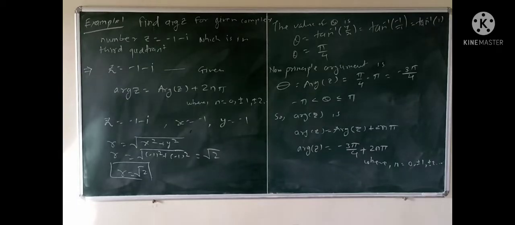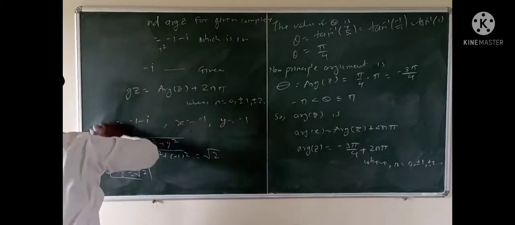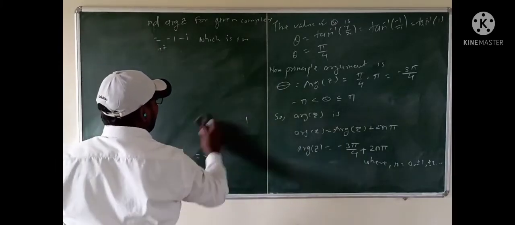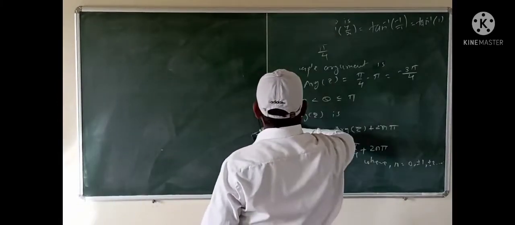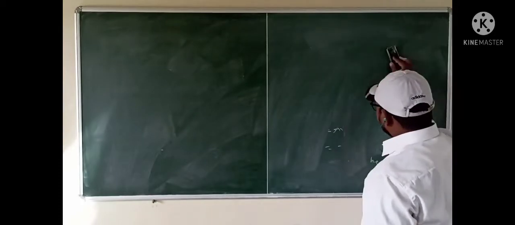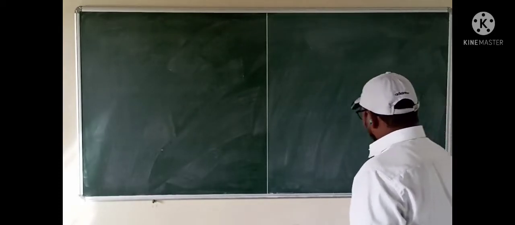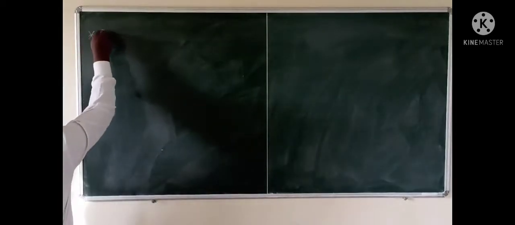So next we will move to the polar form of complex numbers to another step. This is known as Euler's formula. Okay, so what is Euler's formula? How is it represented? This we will see as the next point, Euler's formula.